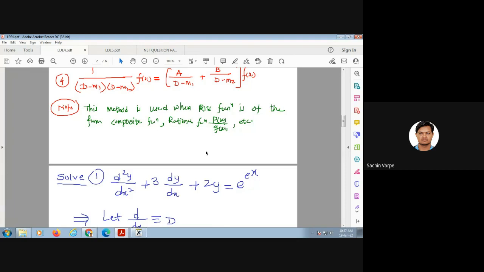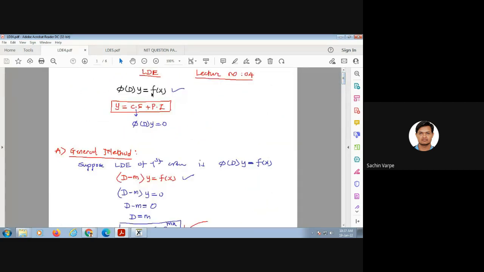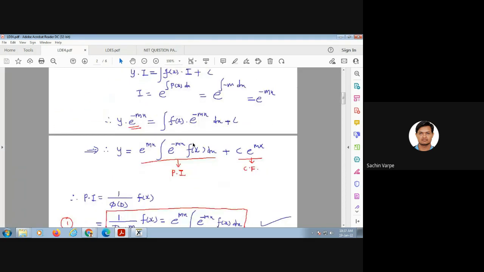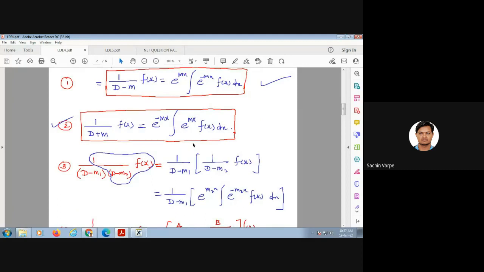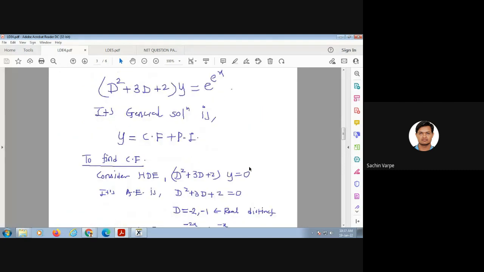This general method is applicable to all, but mainly if the right hand side function is of the form exponent composite function or the rational function, then we use the general method. We have seen several examples also. First, this example we discussed with complete solution.